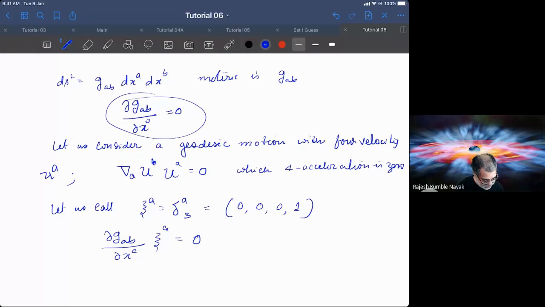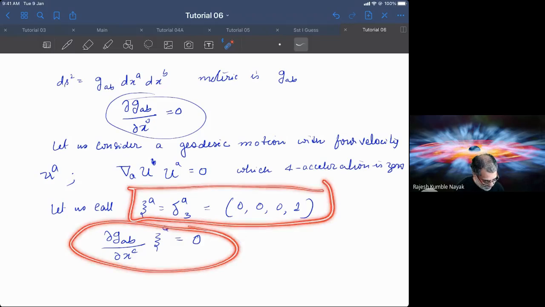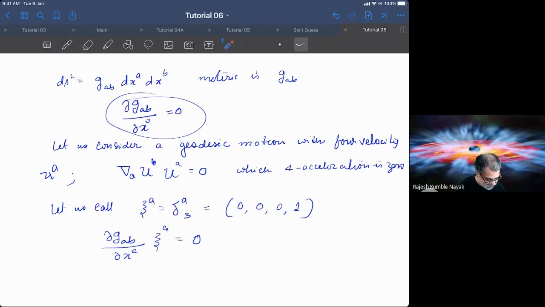So this condition is reflected in the moment we define the vector field xi like this. These two conditions are equivalent, but this one is given in a nicer form.